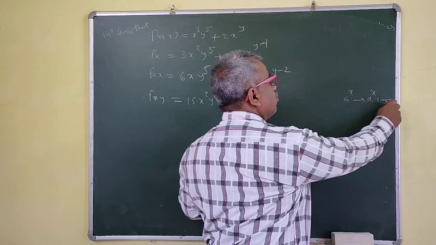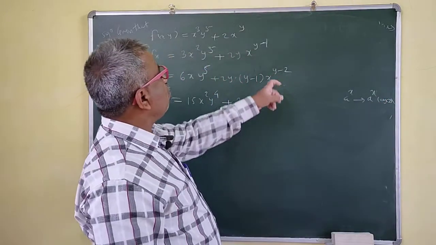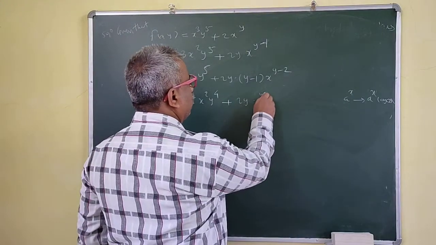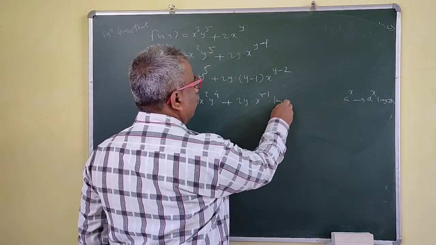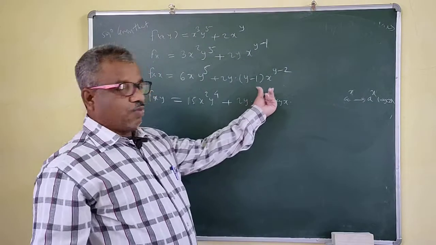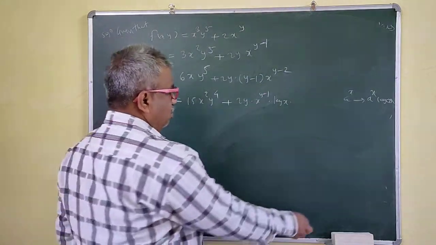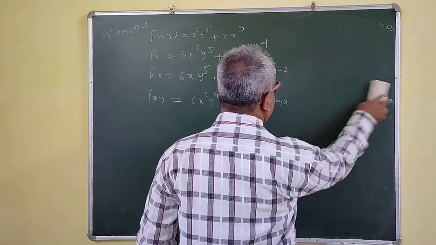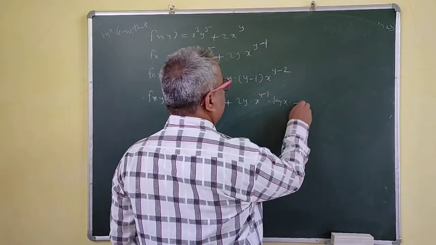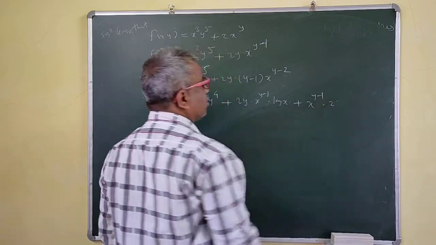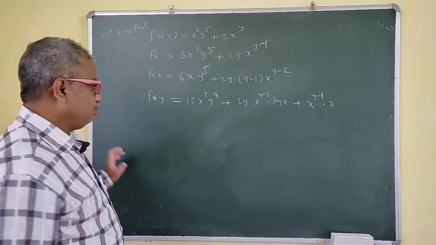A raised to x into log a. So your a is x now. So this is x to the power y minus 1 into log x into derivative of y minus 1. Right? So derivative of y minus 1 is 1. Okay. So this is the first part. Then x to the power y minus 1 as it is into derivative of twice y, that is 2.